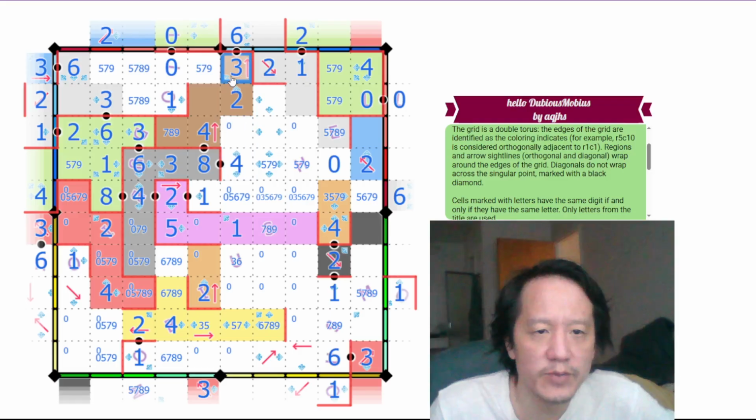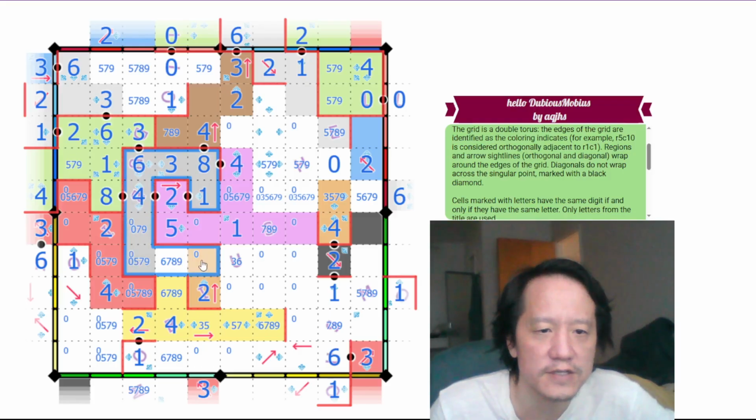We need 10 colors anyway. This cannot be part of brown. It must be part of pink. So this has to go to here. Okay, and then this has to go this way. 1, 2, 3, 4, 5, 6, 7, 8, 9, 10. So this is all done here.